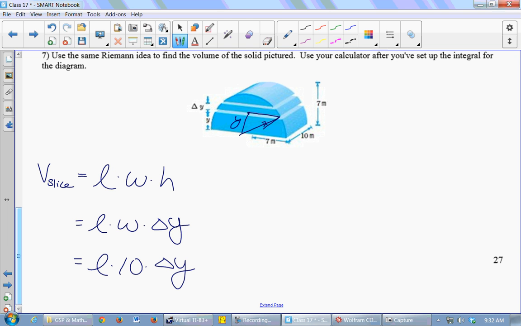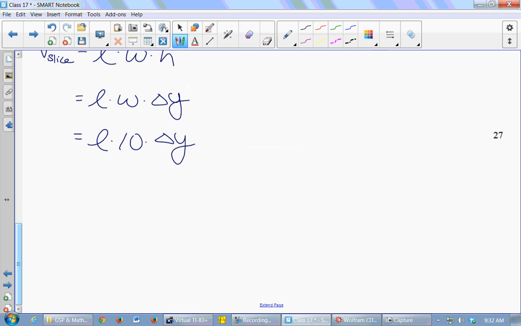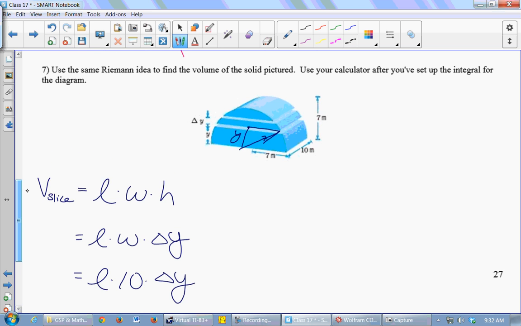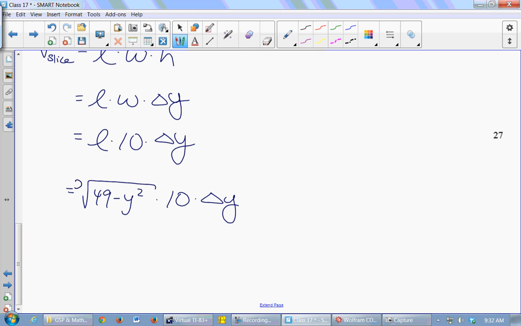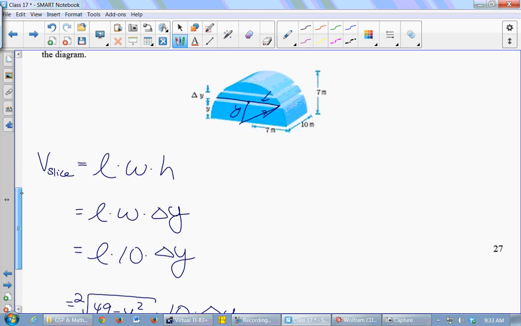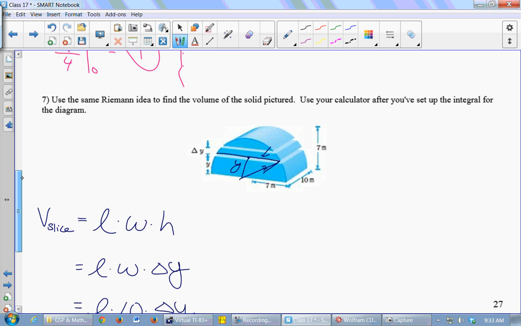So it would be the square root of 49 minus y squared. Oh, yes, I just got this piece, yeah. So we got to double it to make the whole length, 2 times the square root of 49 minus y squared. Thank you. All right, so that's the volume of my slice. That cool? Make sense?